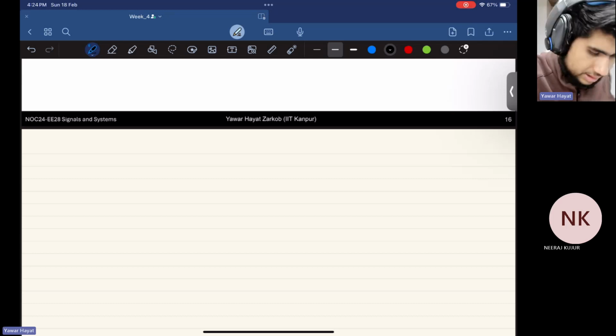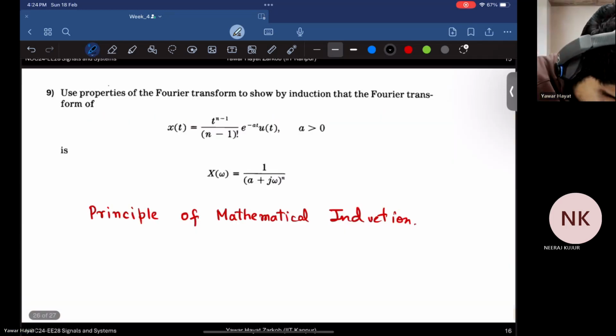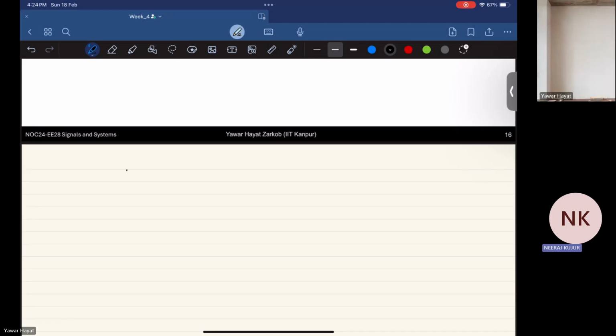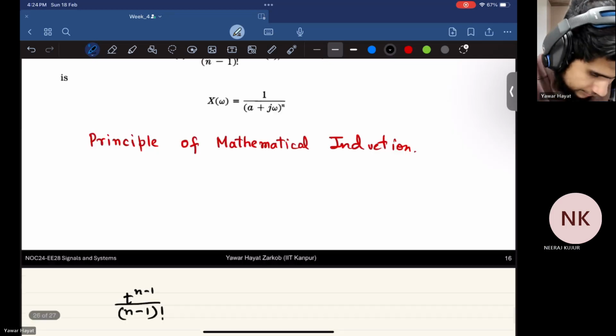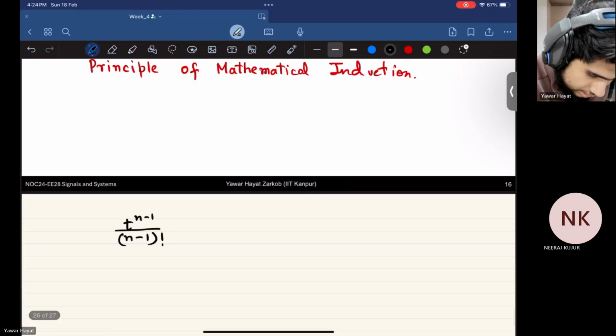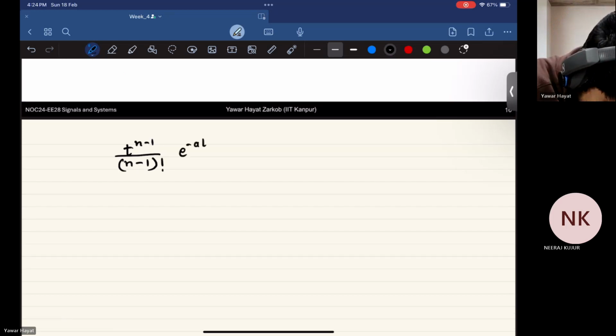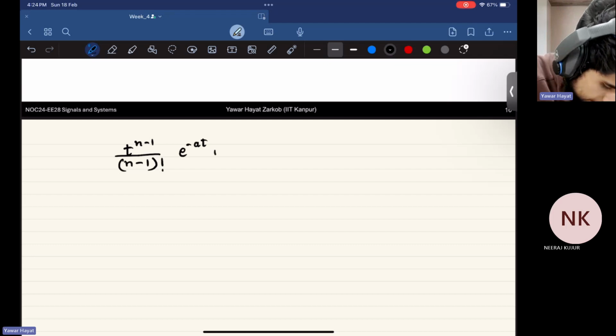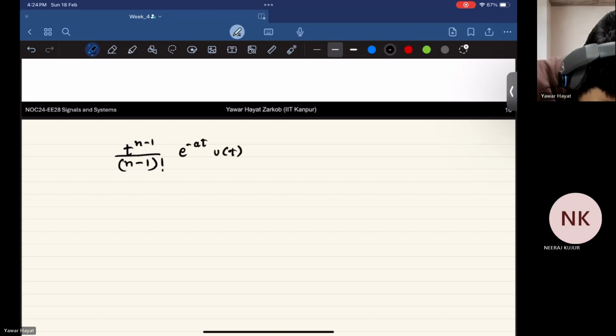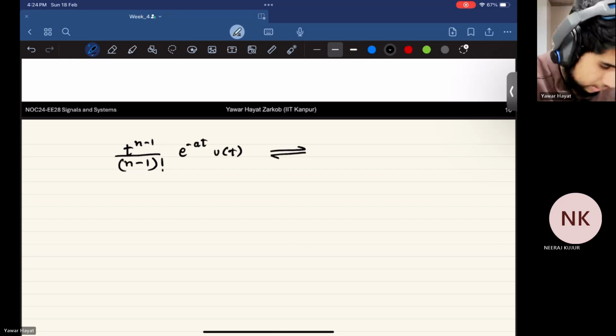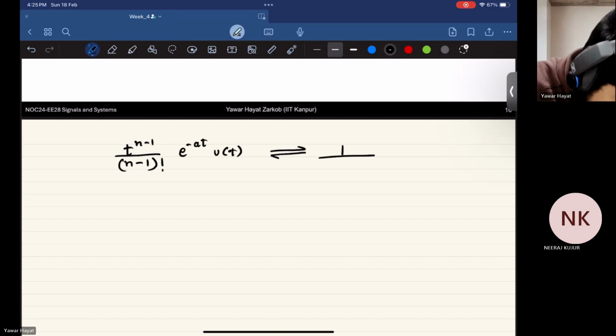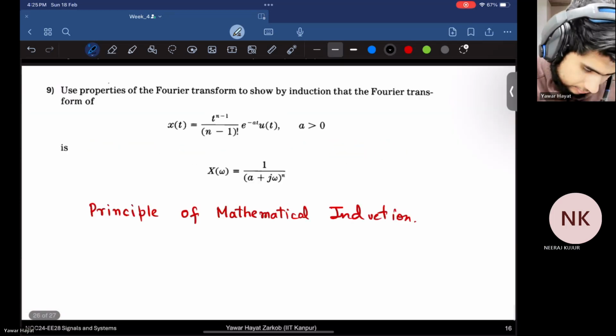Okay, so the given signal is t to the power n minus 1 over n minus 1 factorial, e to the power minus at u of t.